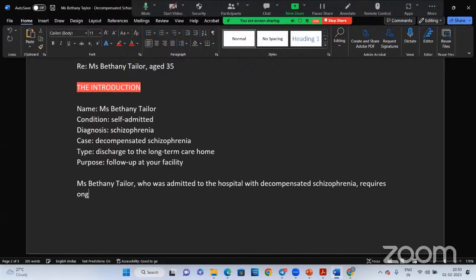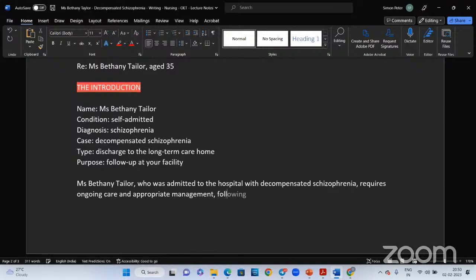Requires ongoing care and appropriate management, comma, following the discharge to your facility today. Miss Bethany Taylor, who was admitted to the hospital with decompensated schizophrenia, requires ongoing care and appropriate management following the discharge to your facility today. So this is what you can write.